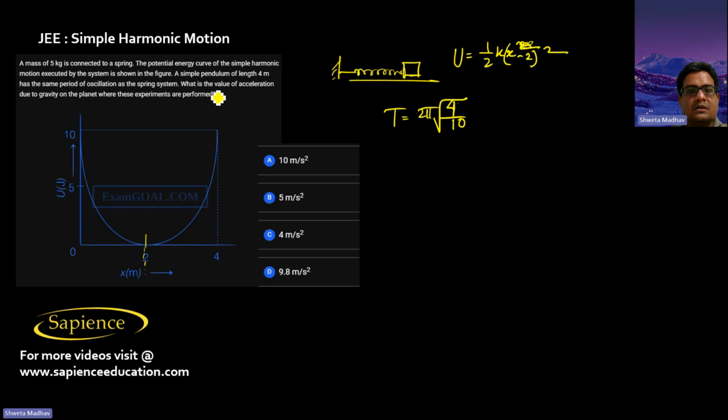Then what is the value of acceleration due to gravity on the planet where these experiments are being performed? So this g value we have to find out. Let's say g1 is the acceleration due to gravity on that planet.